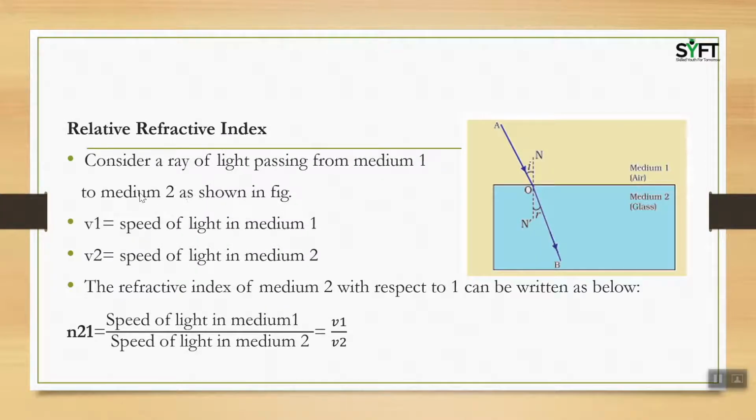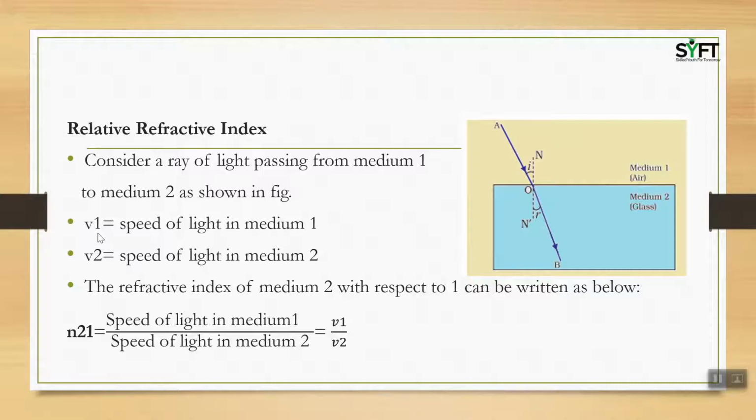Now moving on to relative refractive index. Consider a ray of light passing from medium 1 to medium 2 as shown in the figure. This is medium 1, that is air, and this is medium 2, that is glass.